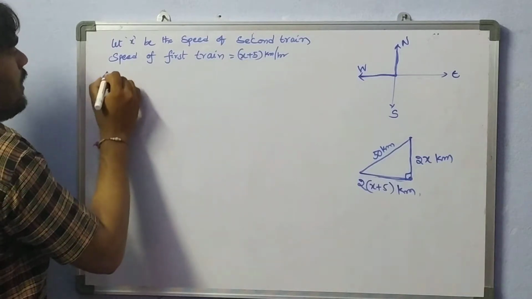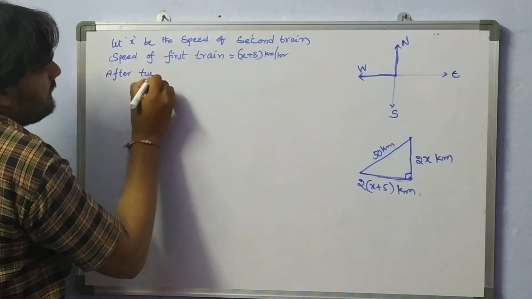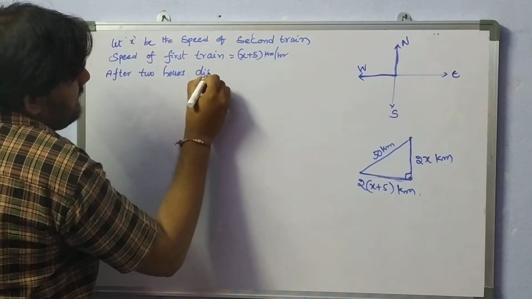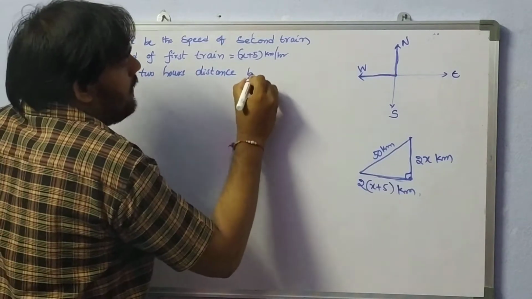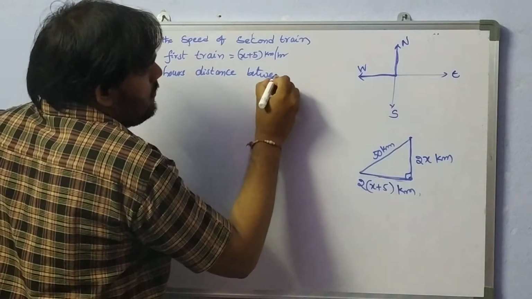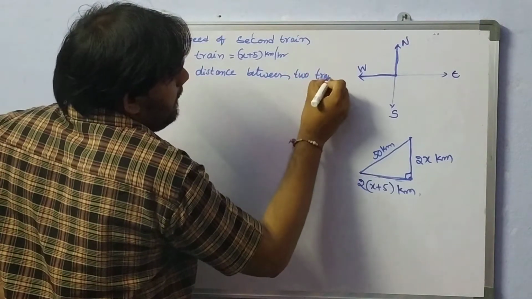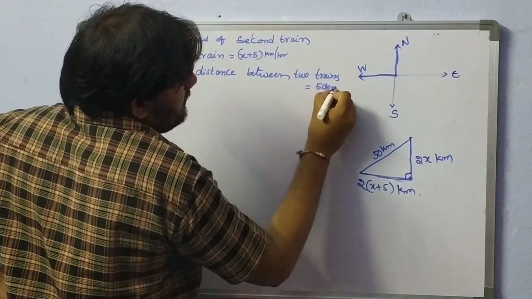Next, after 2 hours, the distance between the two trains is equal to 50 kilometers.